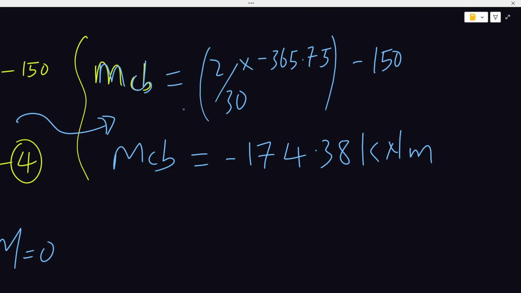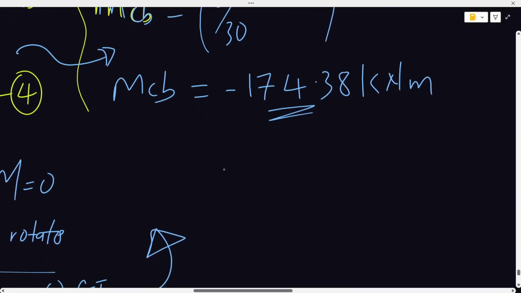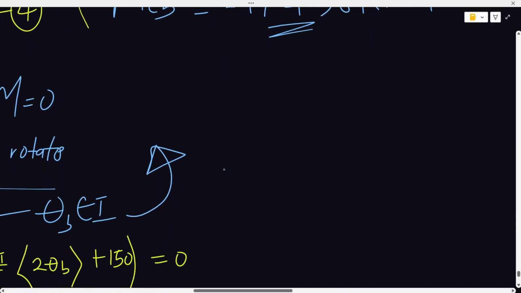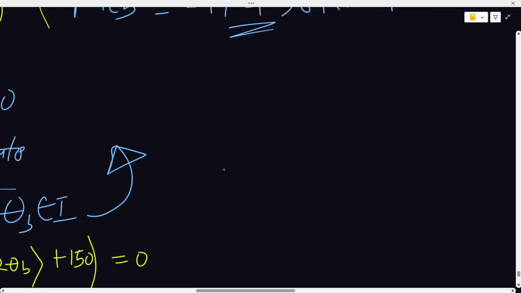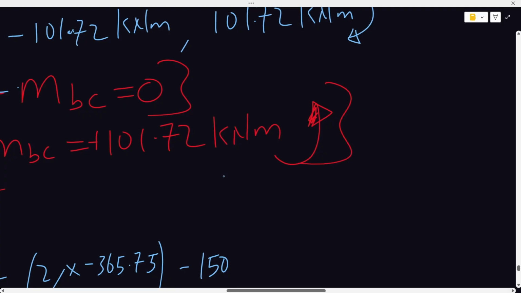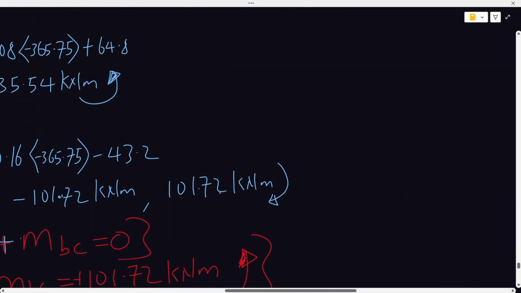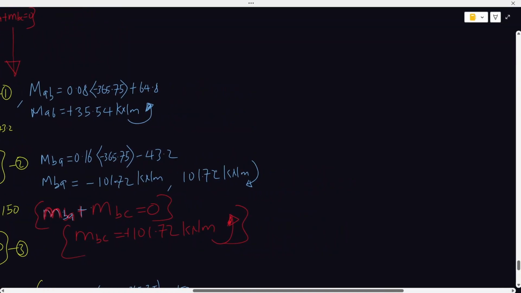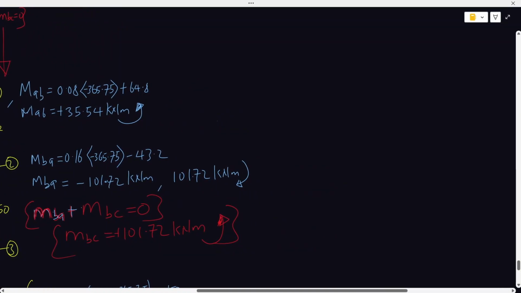So MCB is equal to minus 174.38 kilonewton meter. So we have our moments. Coming to this place, zooming in, I'm moving here.